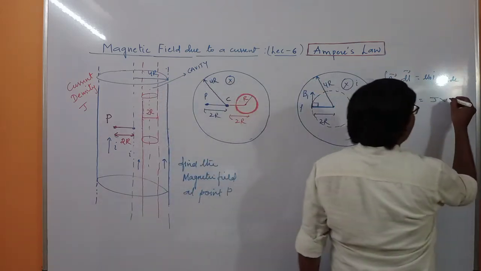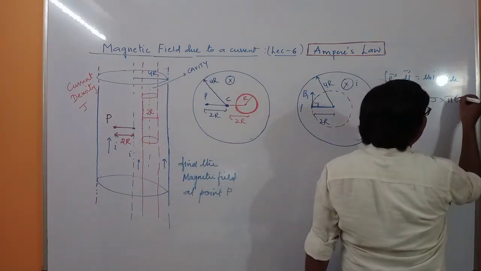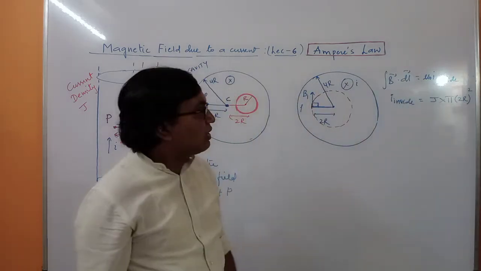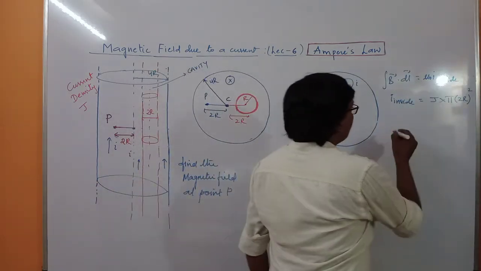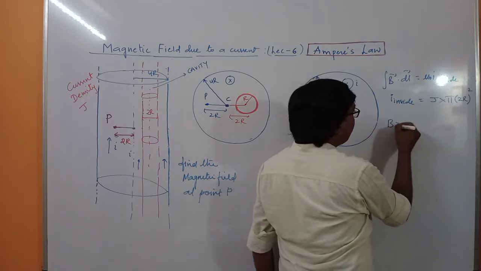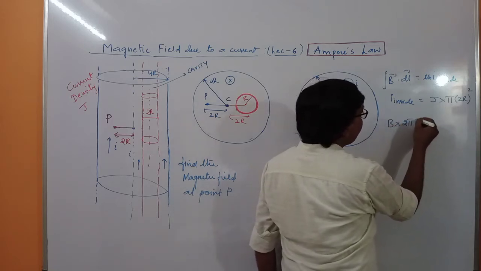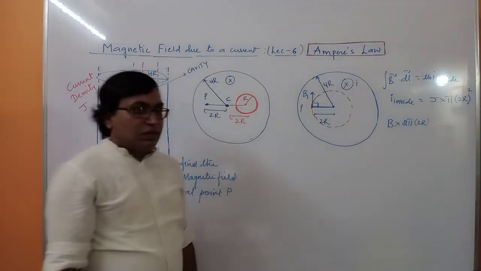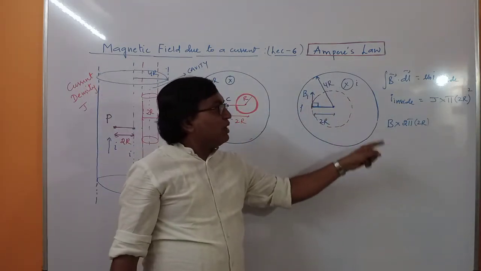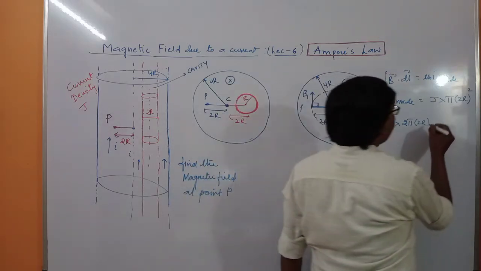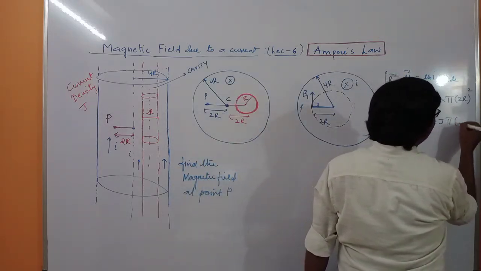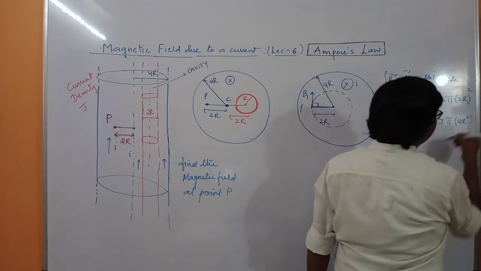So J into pi into 2r whole square. So B into the length of the loop, 2 pi into 2r, should be equal to J pi into 4r square.